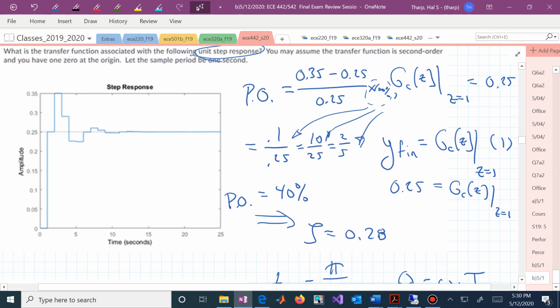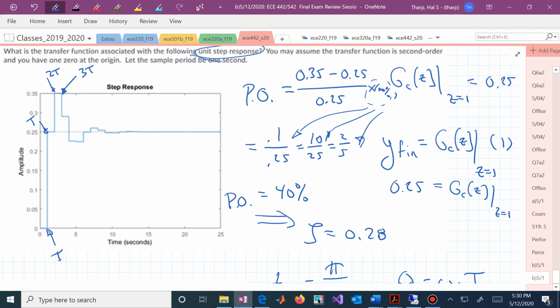And here it peaks really fast. Here is one sample period, so that's what this is, capital T. Here is our second, so we're peaking, and now you need to be a little bit more liberal with when you peak, because that peak is occurring sometime between 2T and 3T samples.